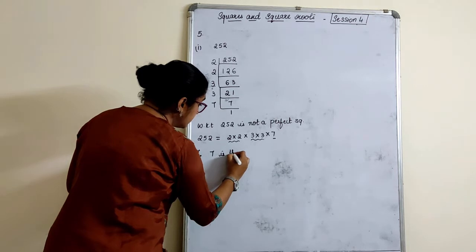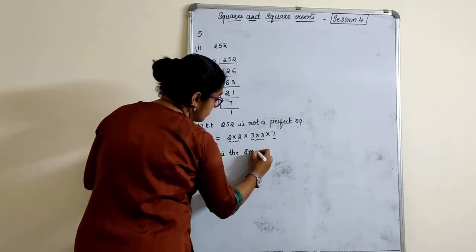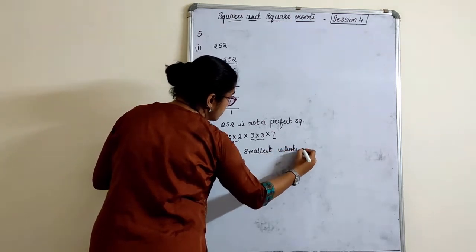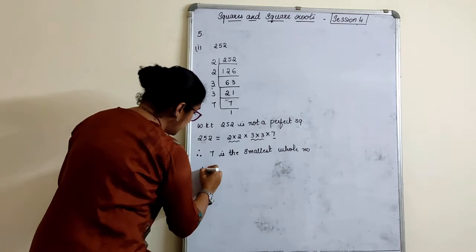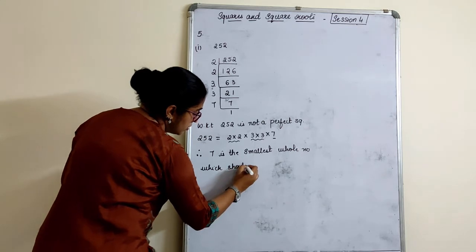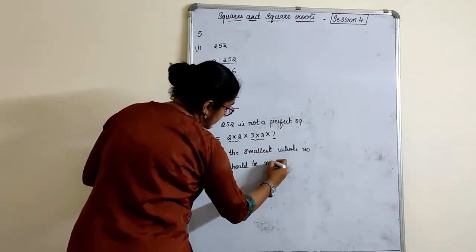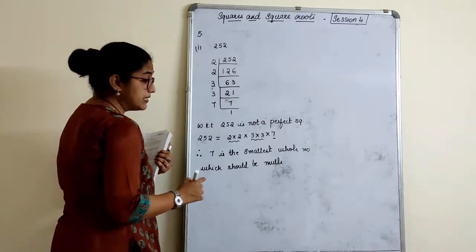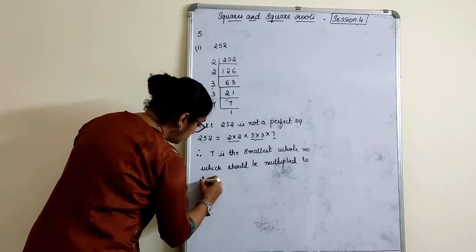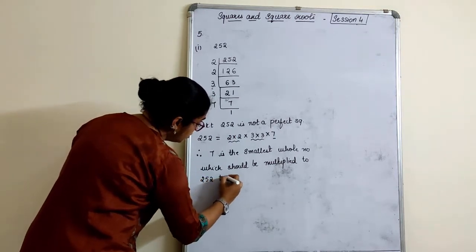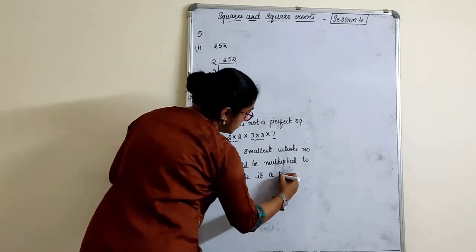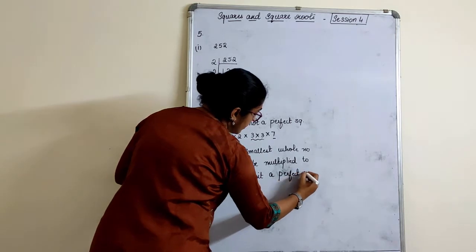7 is the smallest whole number which should be multiplied to 252 to make it a perfect square.